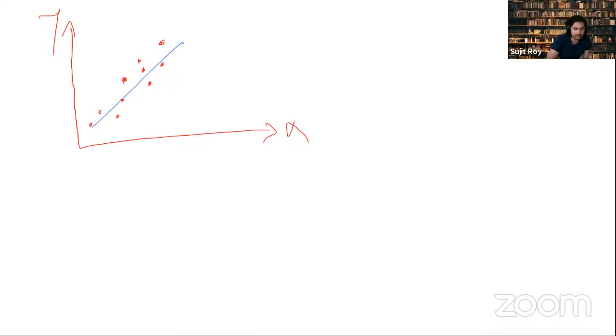Now the problem is, if my line goes like this, then it will be overfitting. I think you guys know that. And if my line goes like this, then it will be underfitting, so it's not covering anything. Overfitting is when it is trying to cover all the points.